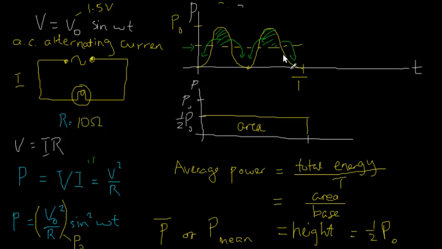It's a lot more complicated. So then wouldn't it be useful also if we can have an average value for the voltage, since the voltage is also changing all the time?